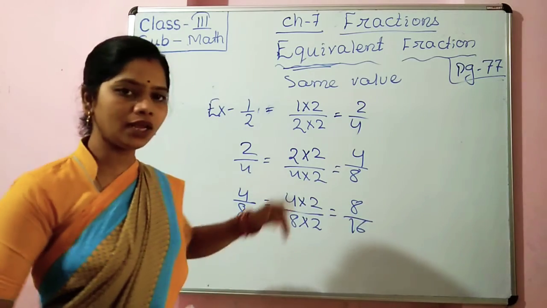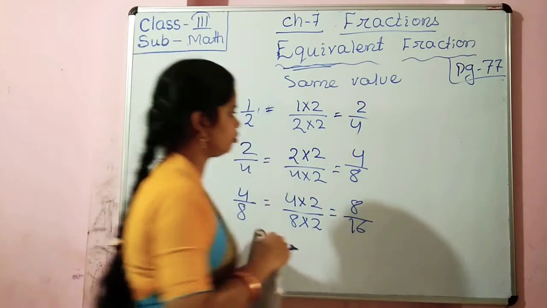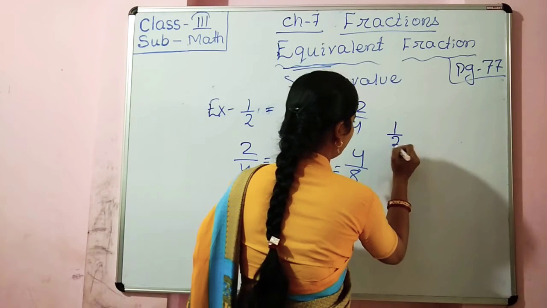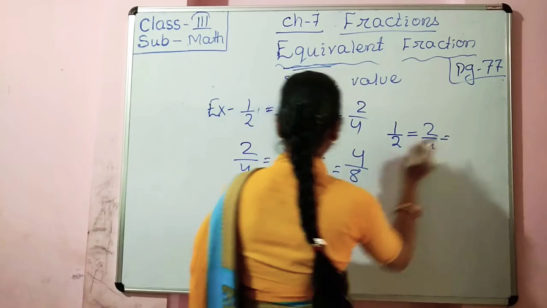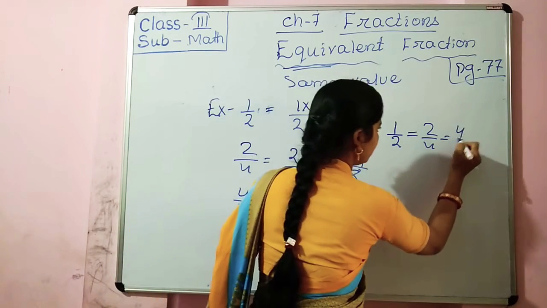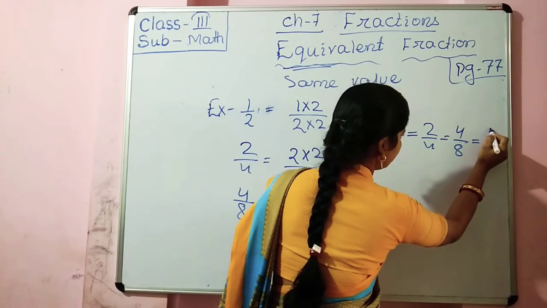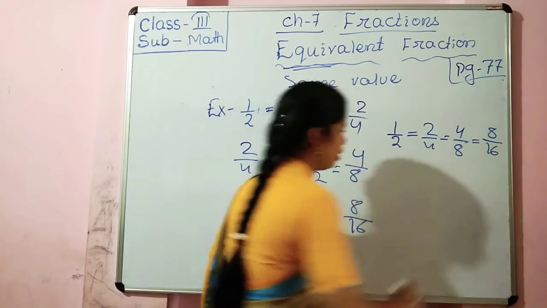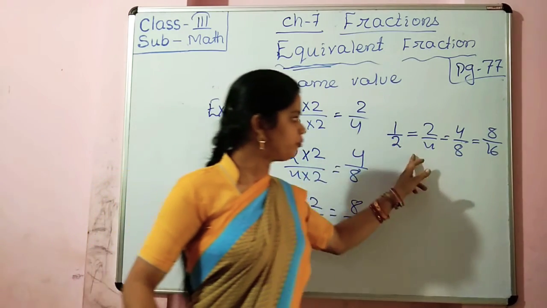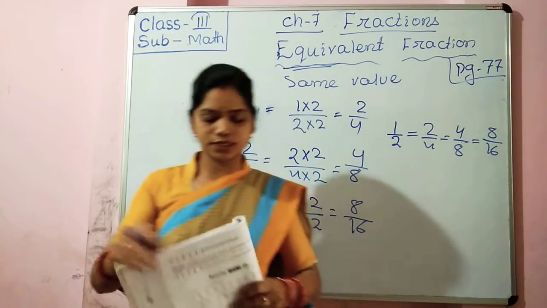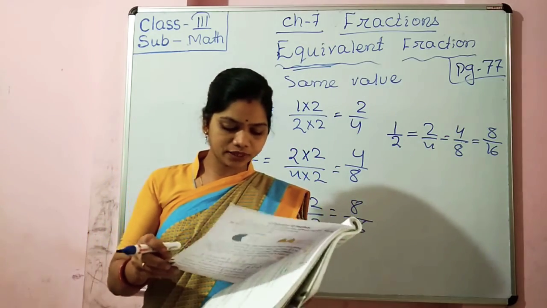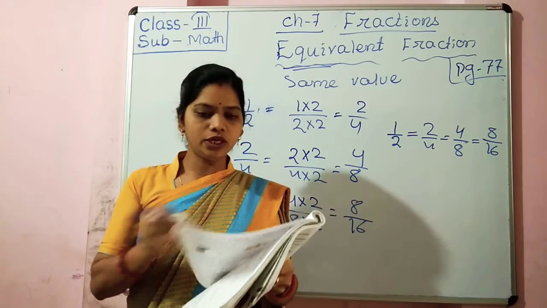Okay, देखो, 1 by 2 is equivalent to 2 by 4, which is equivalent to 4 by 8 and 8 by 16. Okay, this is your equivalent fraction.